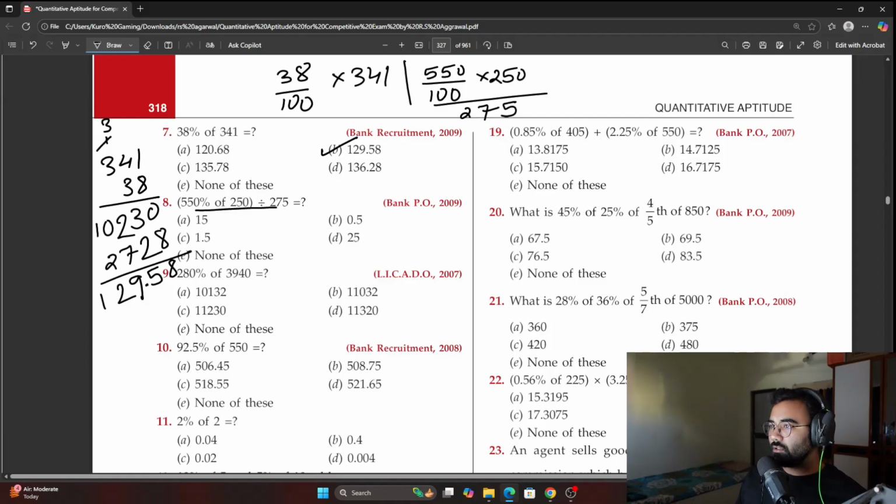So let me just start off, yeah, this should be easy. 5 5s are 25, 5 2s are 10. 2 2s are 4, 2 7s are 14, 2 5s are 10. Okay, so 275 multiplied by 5 upon 275. So I think the answer should be, did I miss any 0? No.